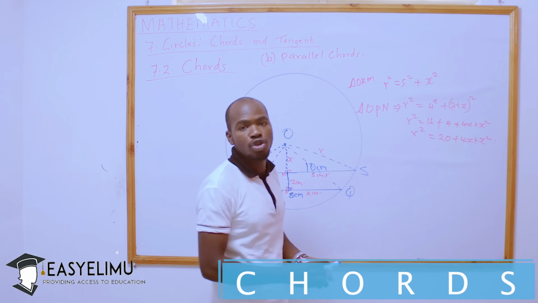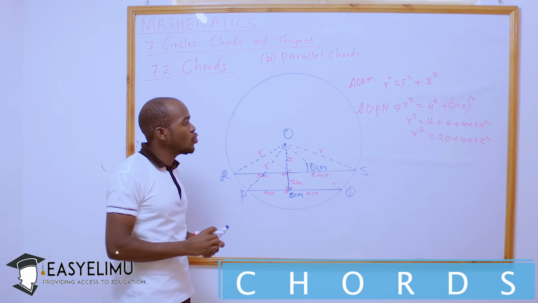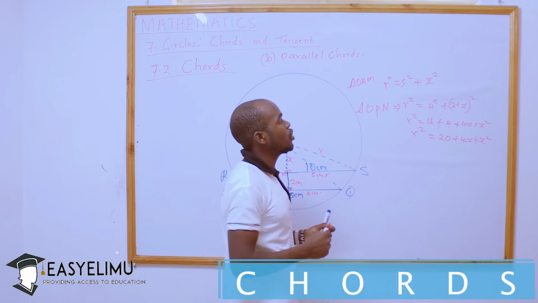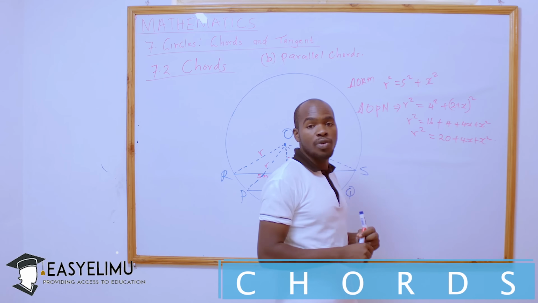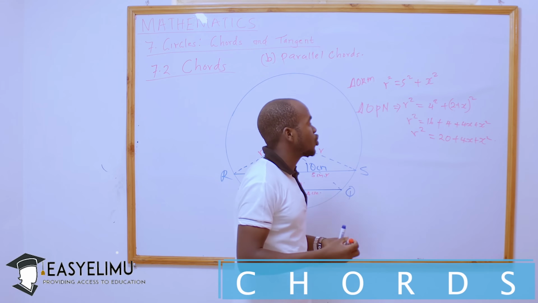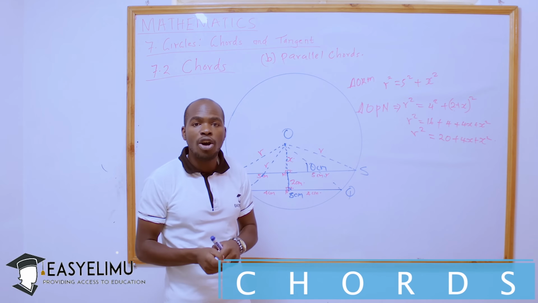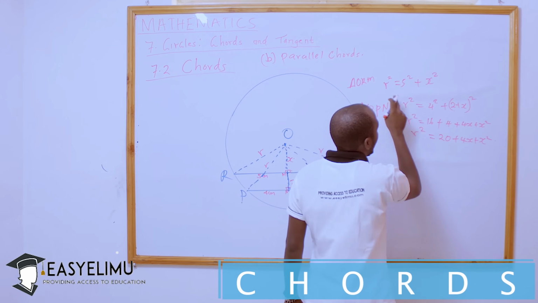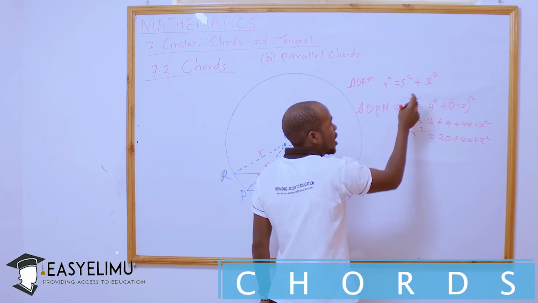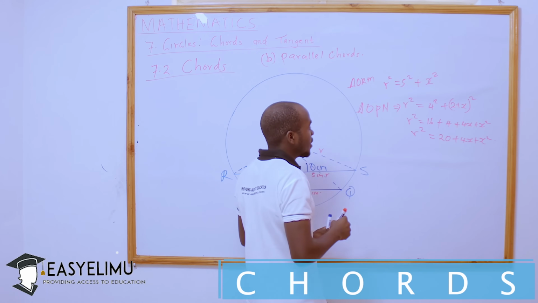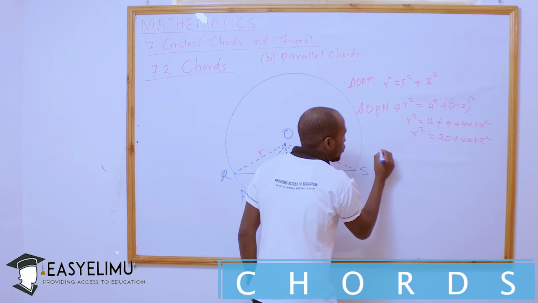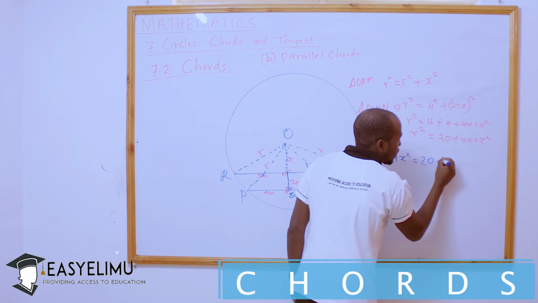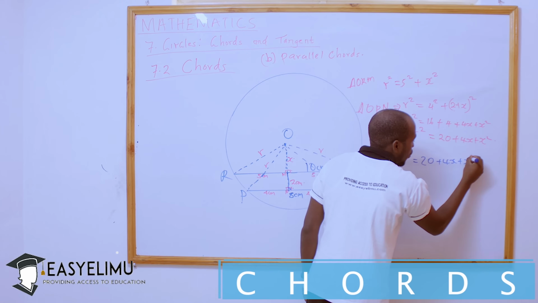But remember, we have two expressions for r squared. The first one is equal to 5 squared plus x squared, and the second one we have there. The left hand sides are all equal, so we can equate them, and instead of writing r squared, we replace it with what is here. On replacing, we have 5 squared plus x squared is equal to 20 plus 4x plus x squared.